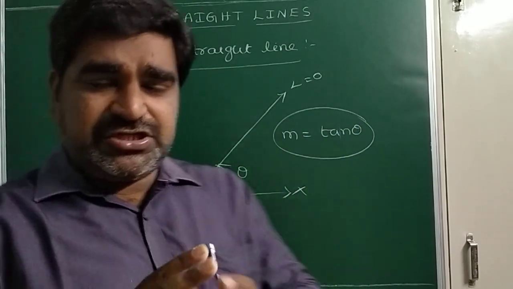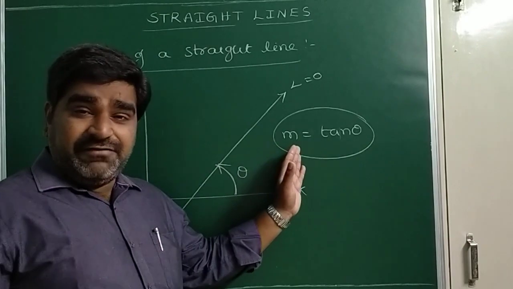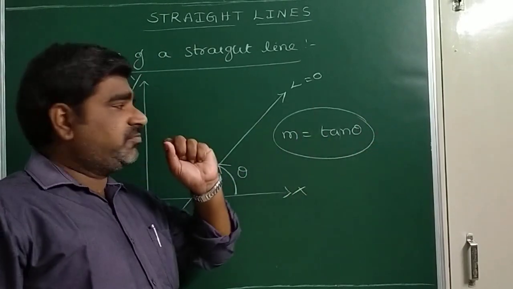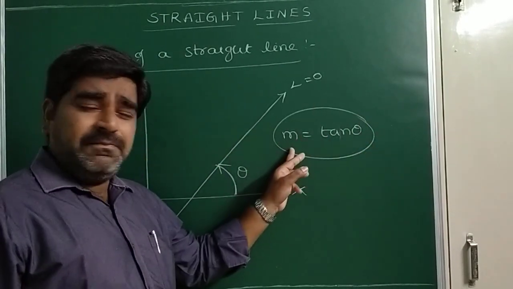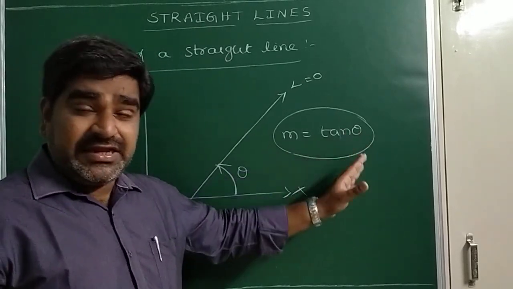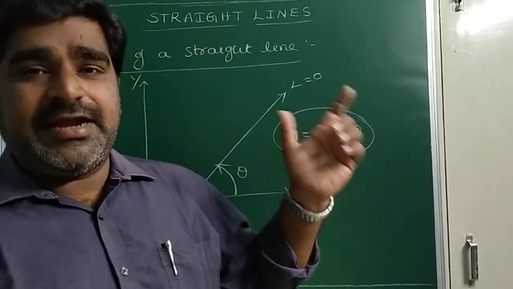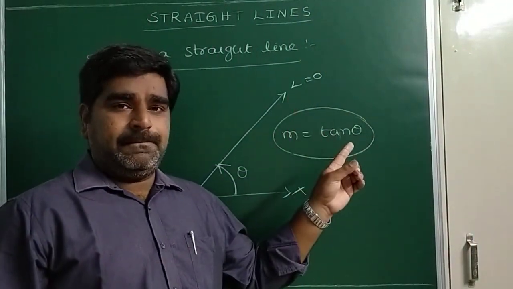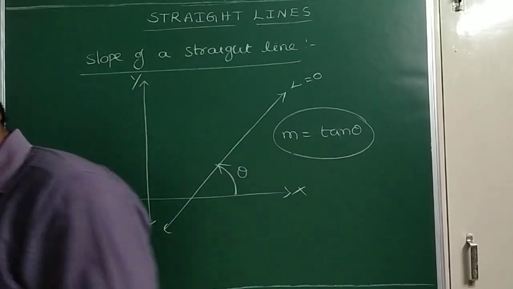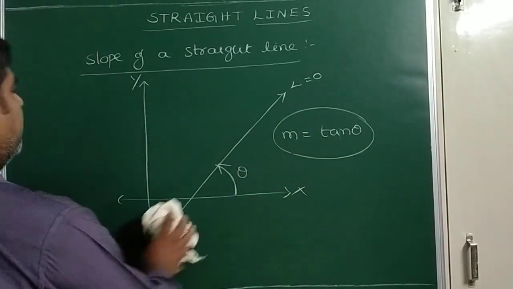Remember, definitions have no proofs. m is the slope, theta is the inclination. If theta is the inclination, then the slope of that line is defined as tan theta. Make a note of it.